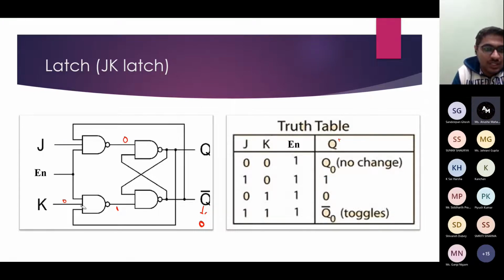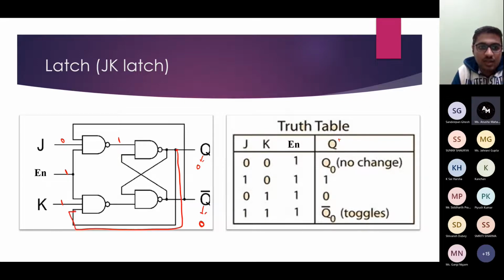Now if you consider another case, J is equal to 0 and K is equal to 1. So here output will be 1, and if you consider this Q as say 0, then here this Q is 0.